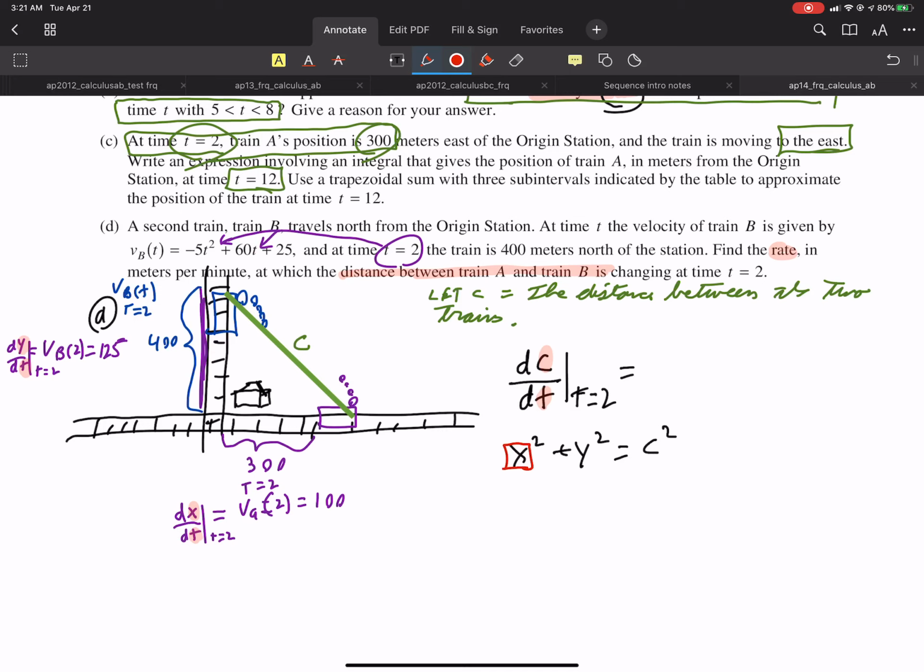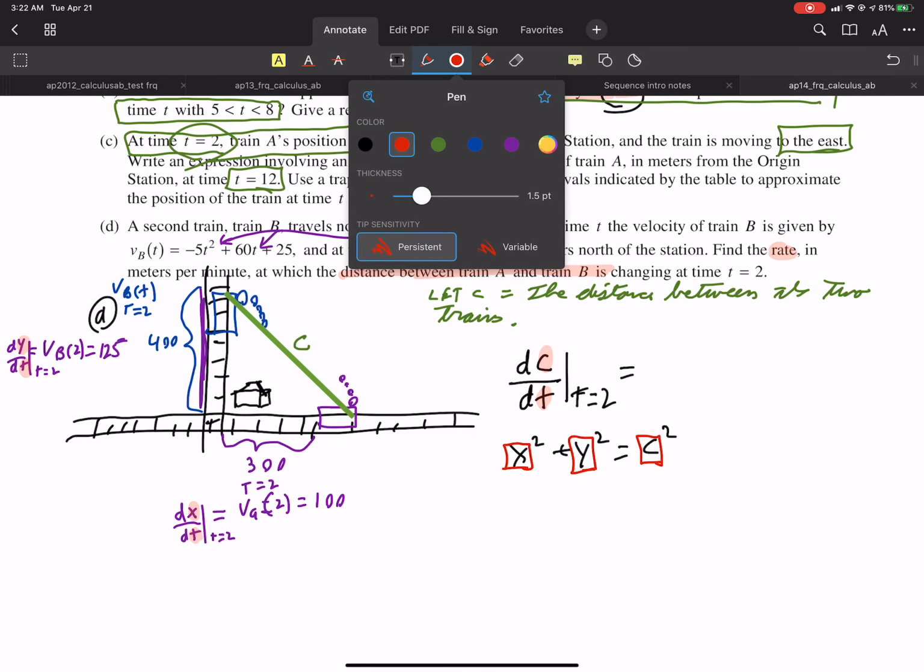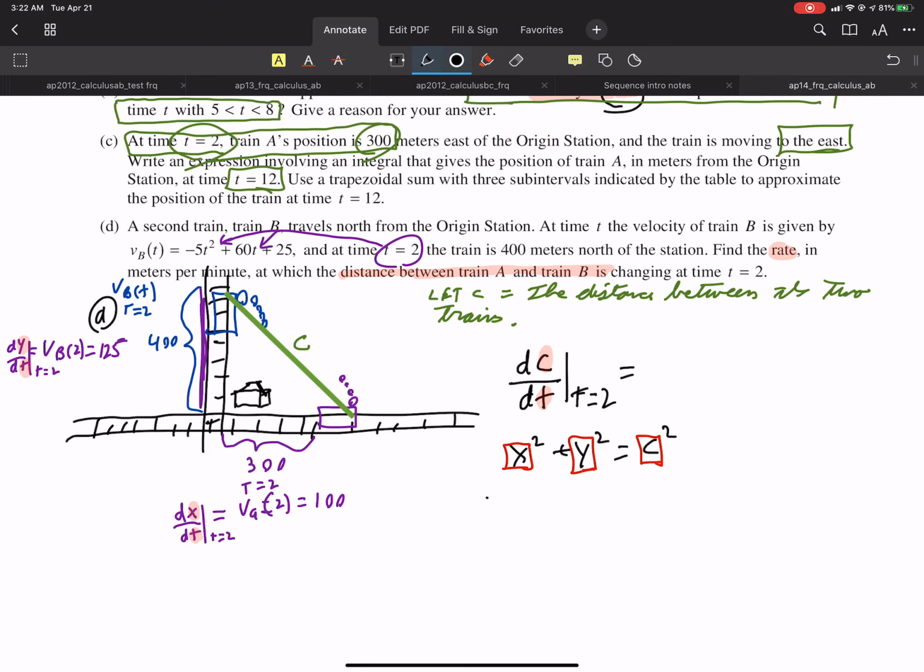So x is a function of t. Same thing, y is a function of t. C is a function of t. So when you take the derivative of all of these, it is chain rule. The derivative of box squared is 2 box times the derivative of box. The same for each of the three.